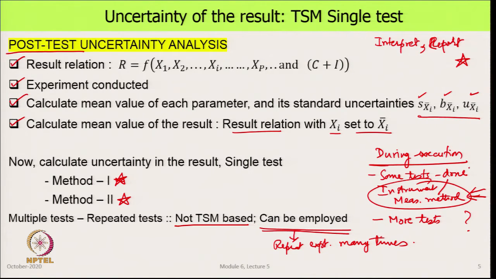Because here we would have some S xi bar, and so we are not as handicapped as we were in the pre-test case.